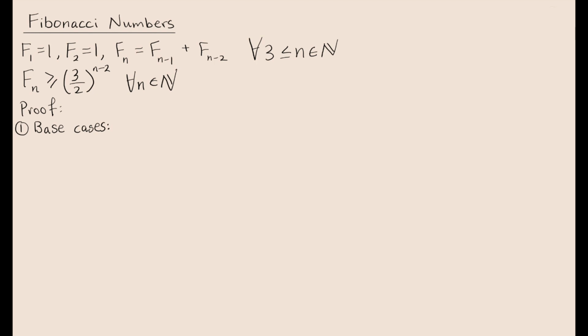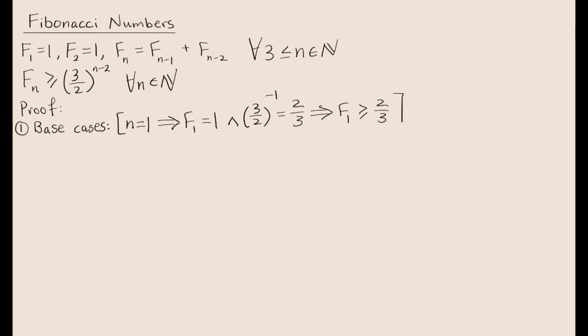So rather than having a base case, we have base cases, which are n equals 1, and this implies that f1 is equal to 1, and 3 over 2 to the 1 minus 2 being negative 1 is equal to 2 over 3. We did this already. f1 is greater than or equal to 2 over 3. That's good. Okay? And when n equals 2, because remember, when we had to use that fn plus 1 is equal to fn plus fn minus 1, that n has to be at least 2.